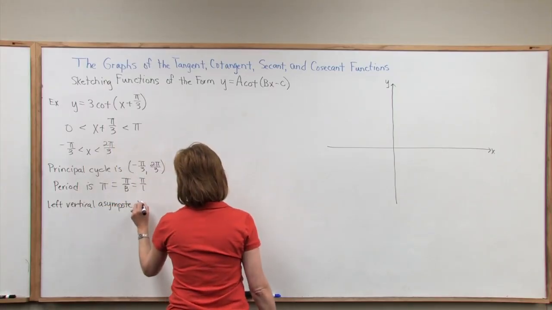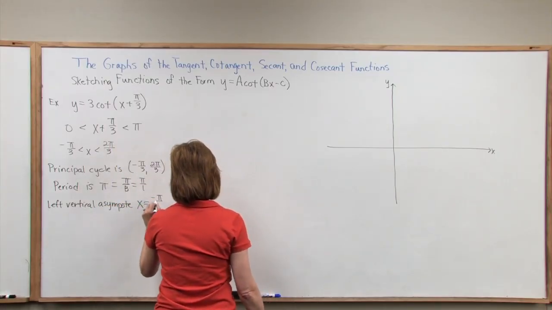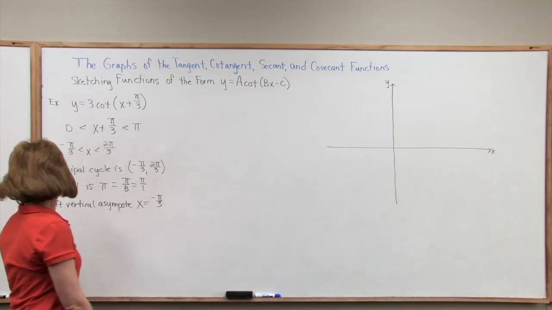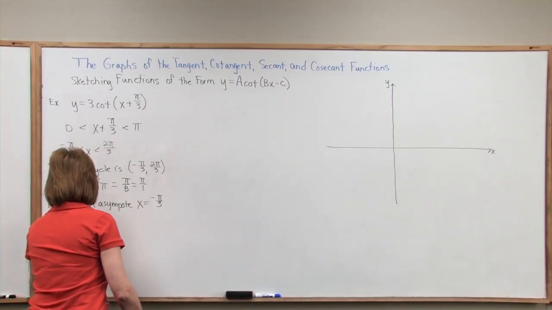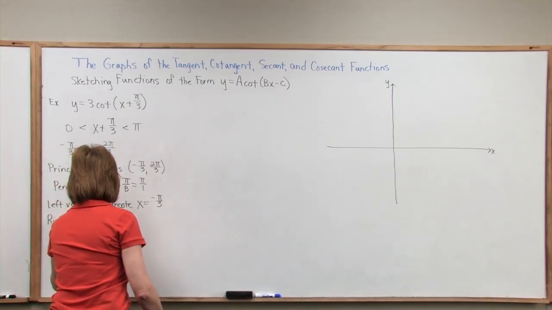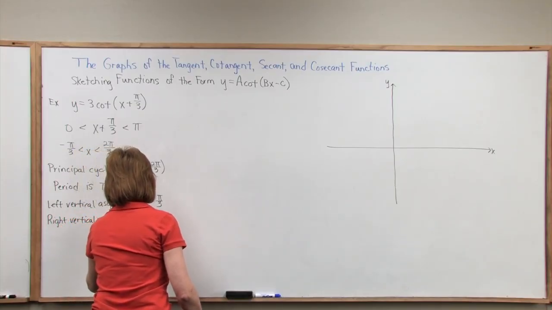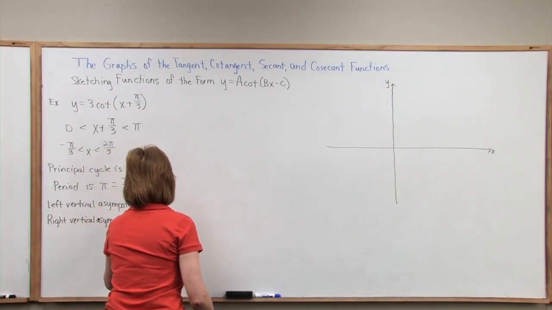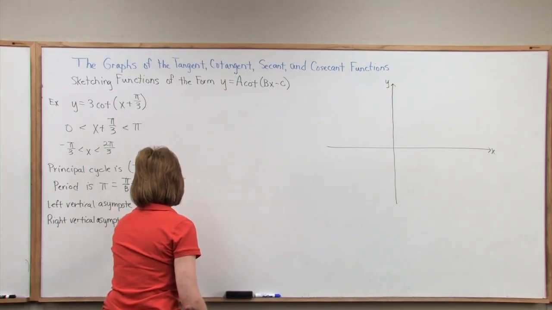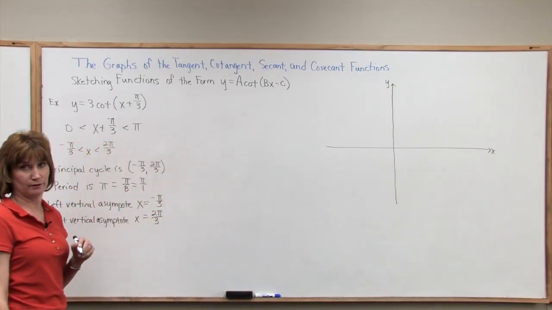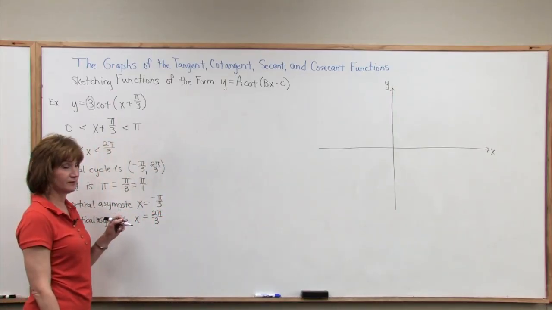The left vertical asymptote will occur when x is equal to -pi over 3, and the right vertical asymptote would be when x is equal to 2 pi over 3.